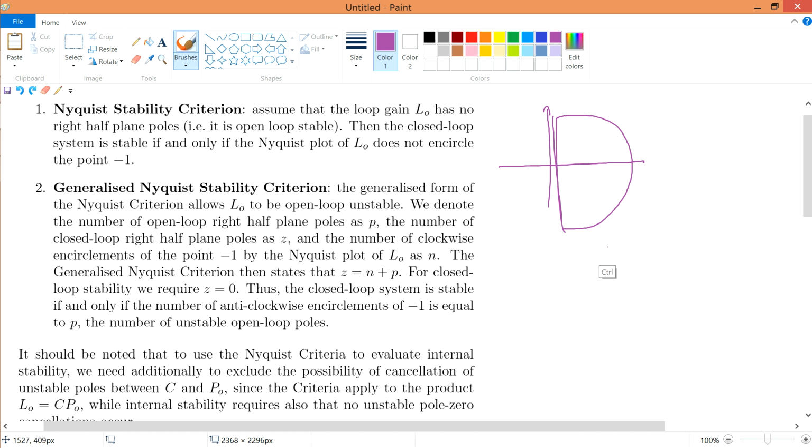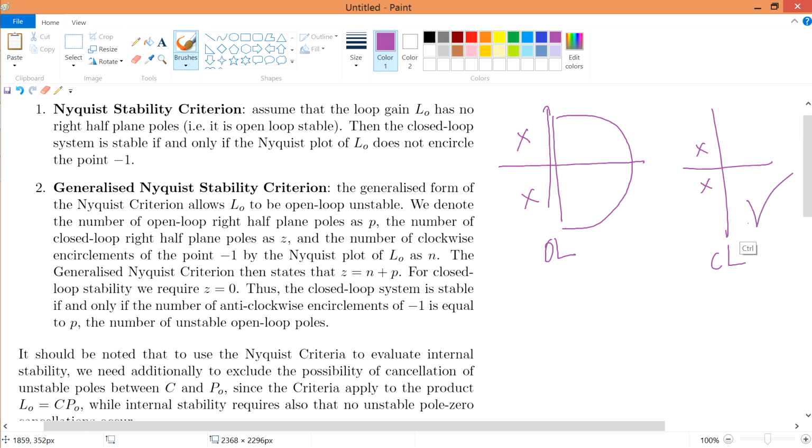Now we have an open loop stable system, because all the open loop poles over here are in the left half plane, so it's stable. Once you close the loop, you must ensure that the poles don't move towards this side. If they move this way when you close the loop, it means you're unstable. However, if they move over here, it is still stable, still okay.